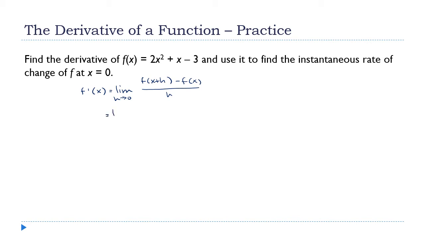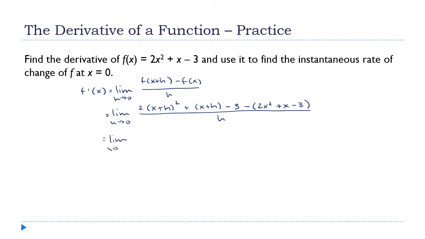So let's see. This is the limit as h approaches 0 of 2 times x plus h squared plus x plus h minus 3, minus 2x squared plus x minus 3, all over h. All right, so now just a lot of algebra here, multiplying everything out.